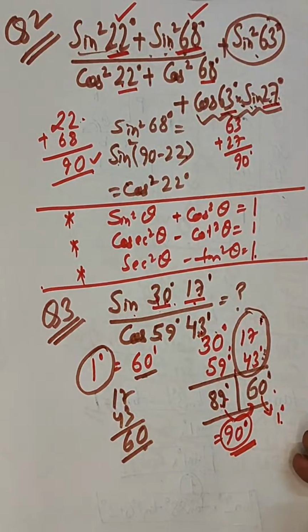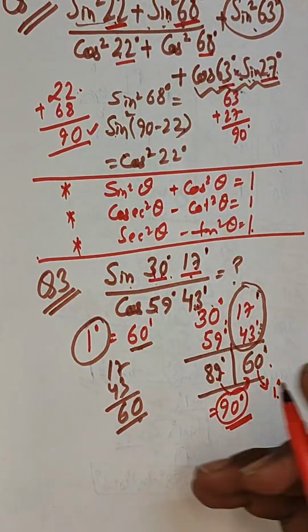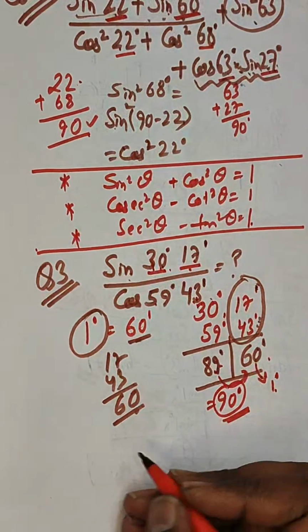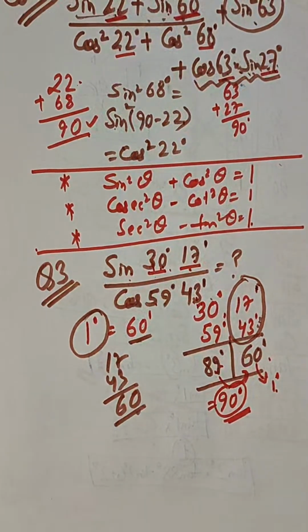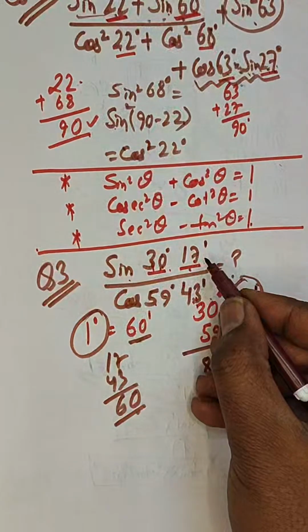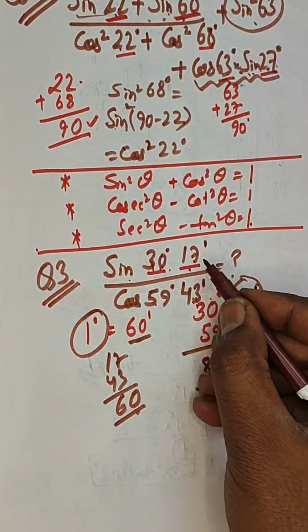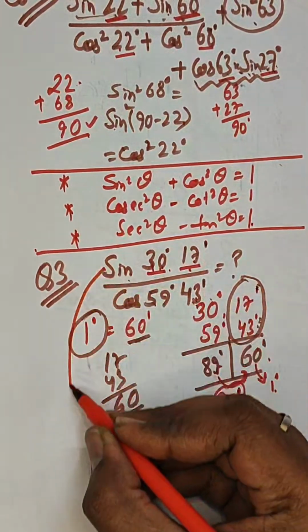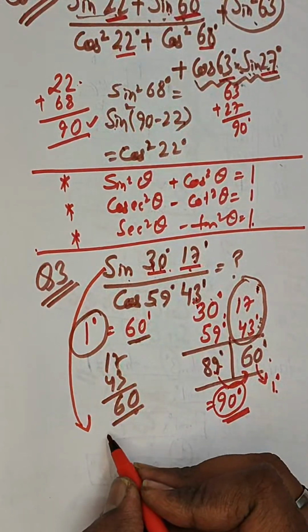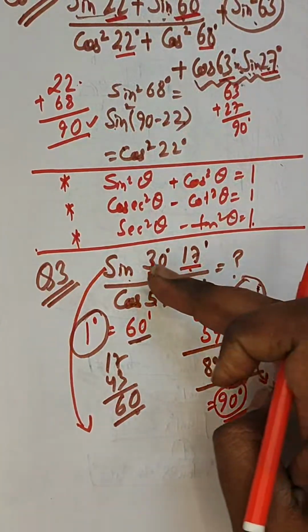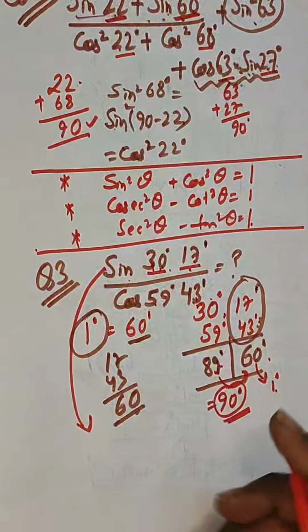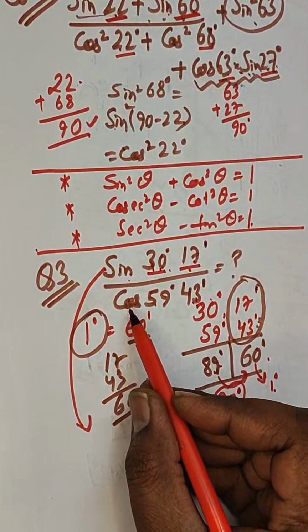Also, sine of 90 minus theta is cos theta. Use this concept: you can either change the numerator or the denominator.